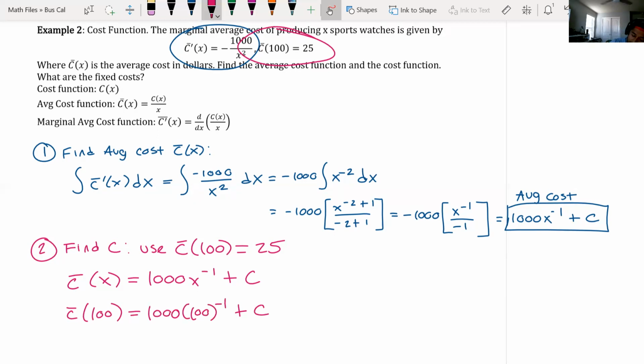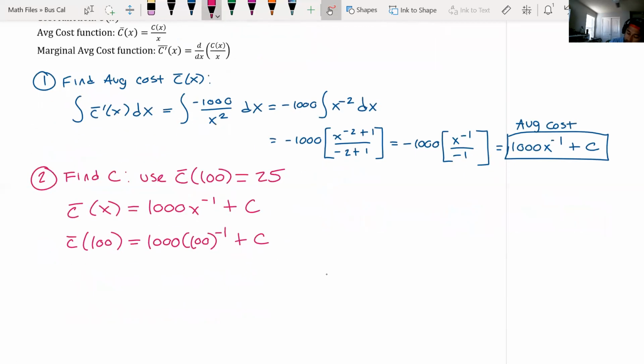But then the second part of the clue is, well, if C bar of 100 is 25, this means that this becomes 25.